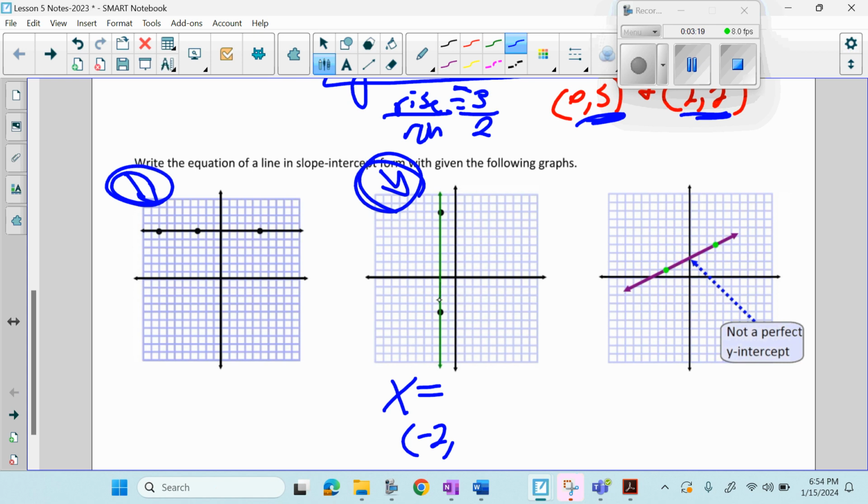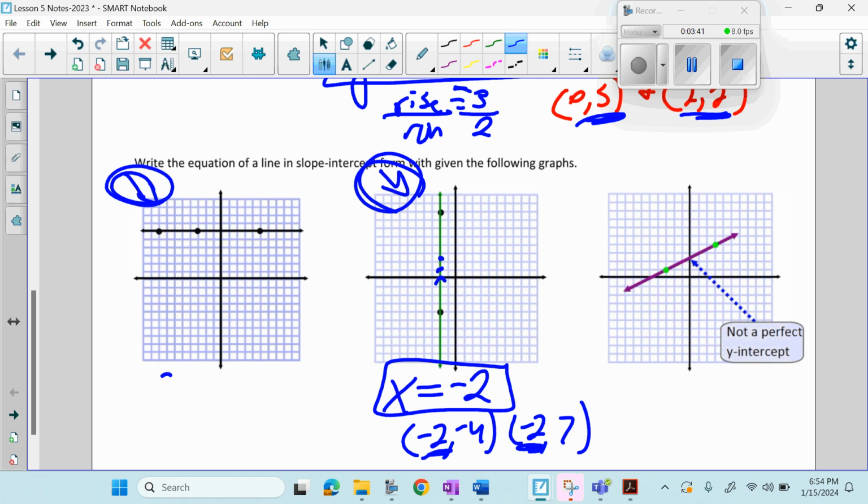What is this point? 1, 2, 3, 4, -4, and -2, 1, 2, 3, 4, 5, 6, 7. And so notice that these -2's repeat in both the formulas. You also have -2, 0, and -2, 1, and -2, 2. So this is a case of x is equal to -2.